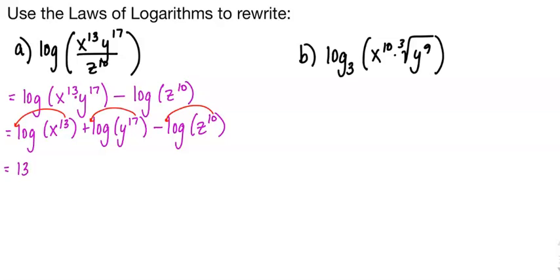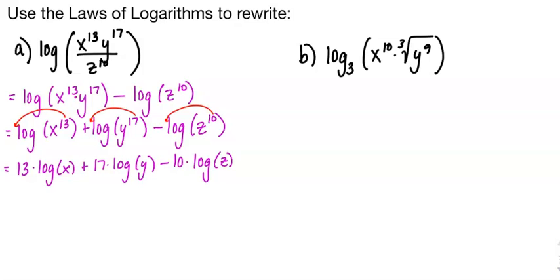So 13 times the log of x plus 17 times the log of y minus 10 times the log of z. So what we've done is we've taken one single log that had an entire expression on the inside and simplified this to be three separate logs, where in each the argument, or the stuff on the inside, is as simple as possible. So in this case, just a single variable.